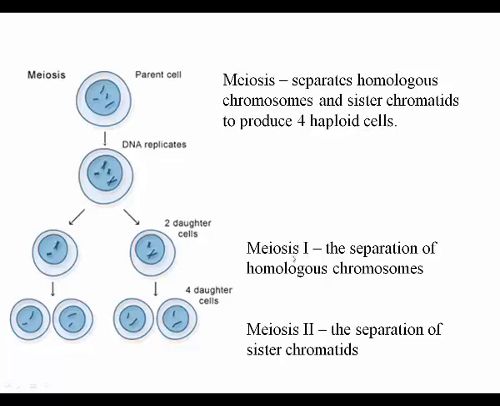Importantly, meiosis 1 is the separation of homologous chromosomes, and meiosis 2 is the separation of sister chromatids. The 4 daughter cells contain half of the genetic information that the original parent cell contained. A specific half, 1 copy of each pair of homologous chromosomes.